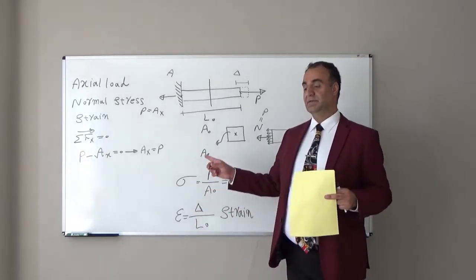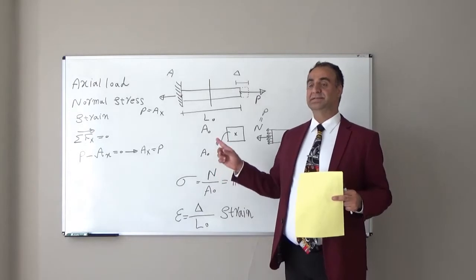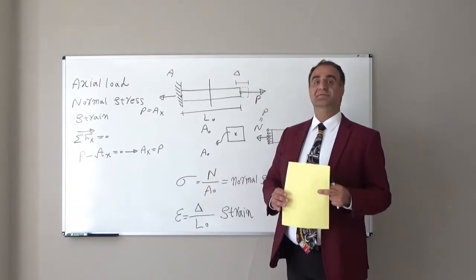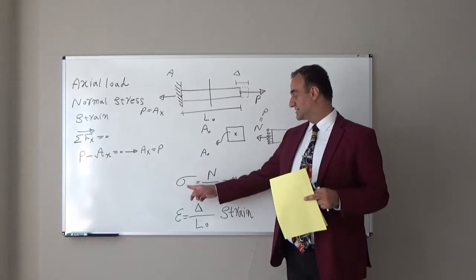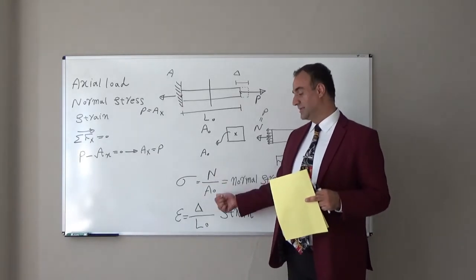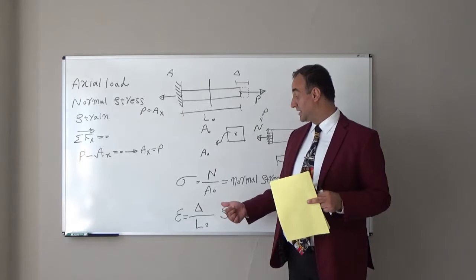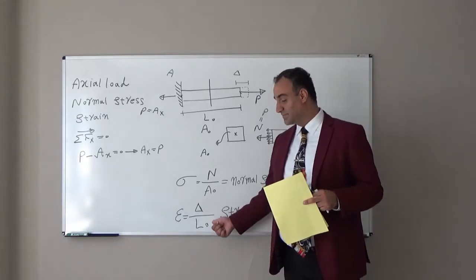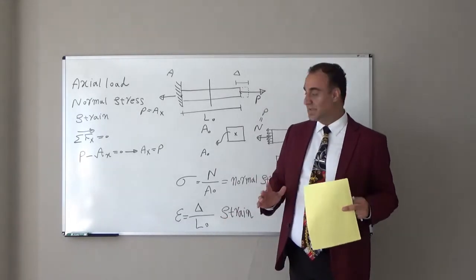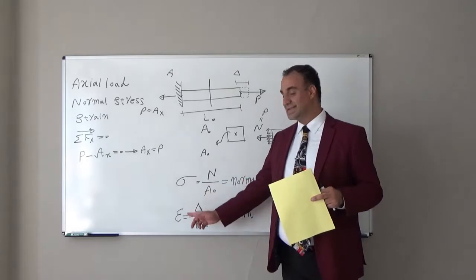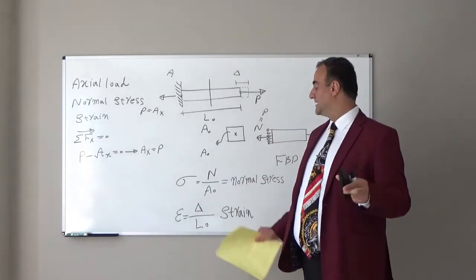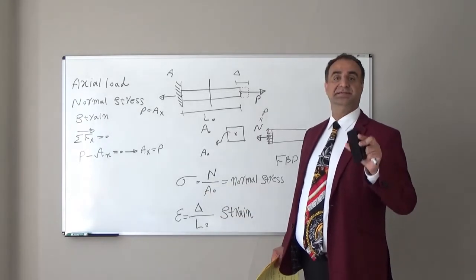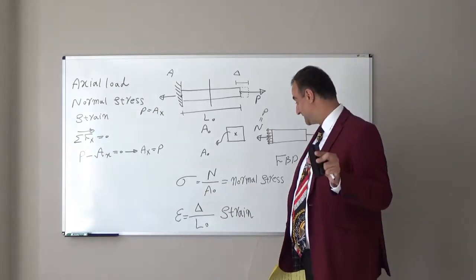Later on we will see we have different stress and strain which we will use in science. But in engineering, stress is always force divided by initial cross-sectional area, and strain is deformation divided by initial length. In engineering, this is the stress and strain we will use. But in physics, in science, there is a little bit of difference. Later on, I will talk about that.